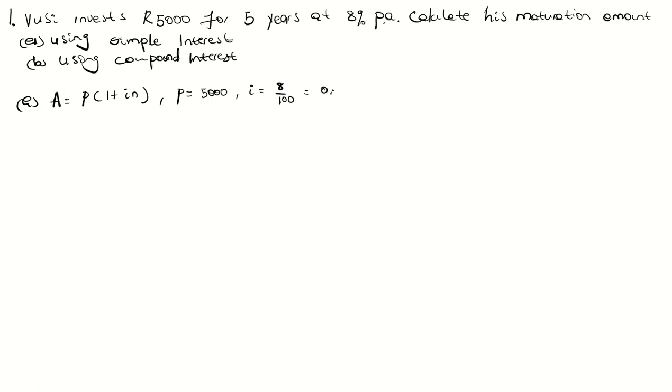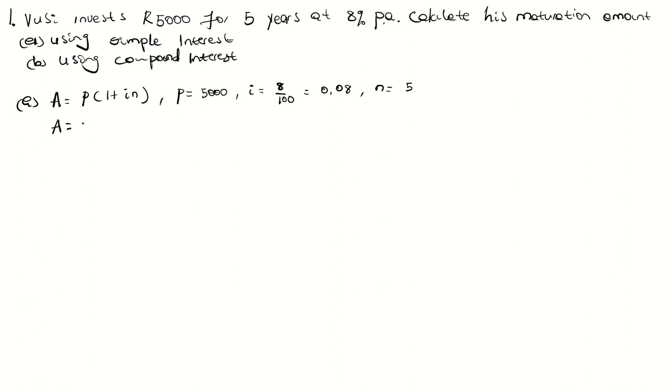So that is 0.08. And the period N would be 5 because he's investing for 5 years. What we want to know is that based on the simple interest model, how much money does he end up with at the end of the 5 years, okay? So we're calculating the accumulated amount.